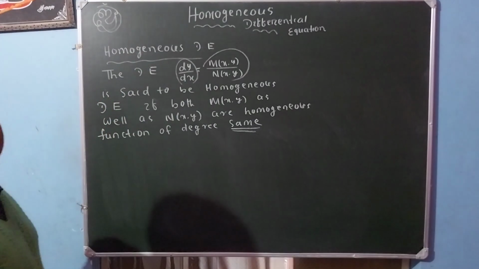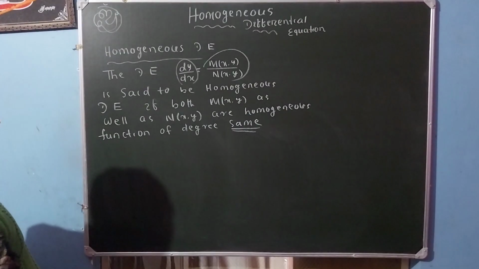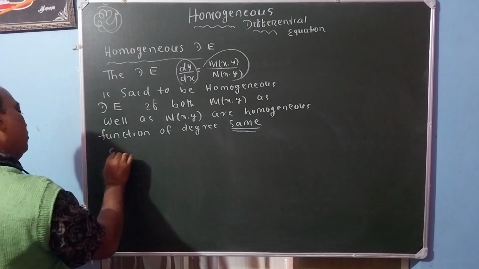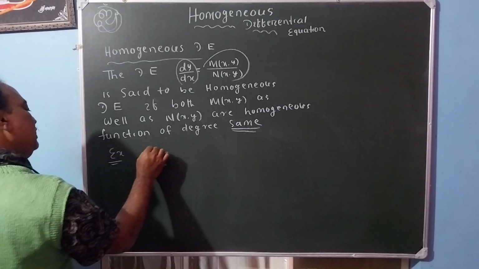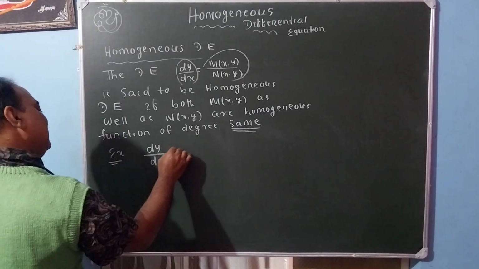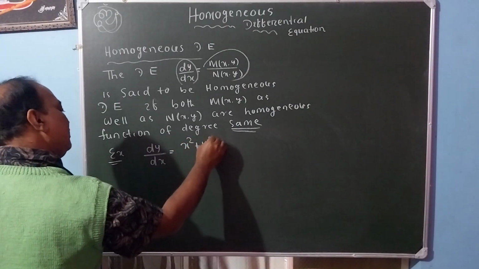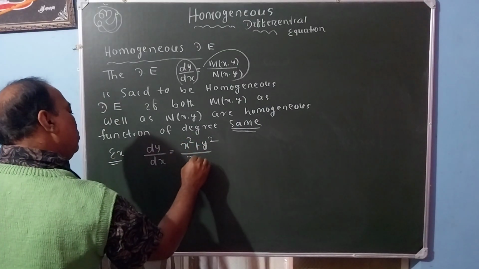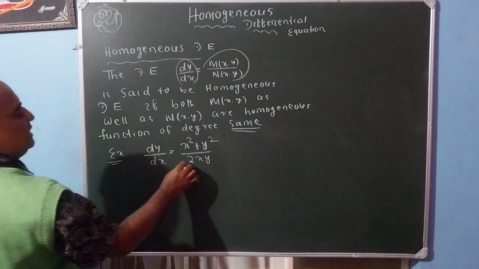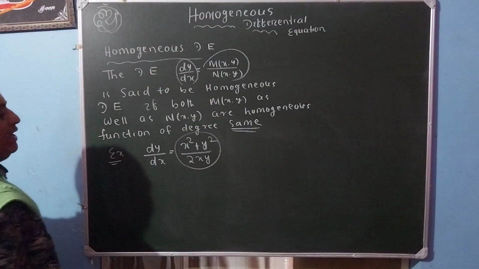So how can you check if it is a homogeneous differential equation? One example: dy/dx = (x^2 + y^2)/(2xy). Is it a homogeneous differential equation or not?